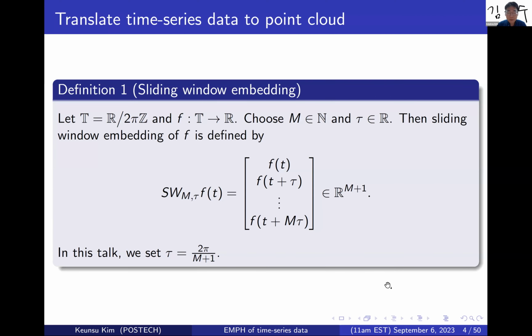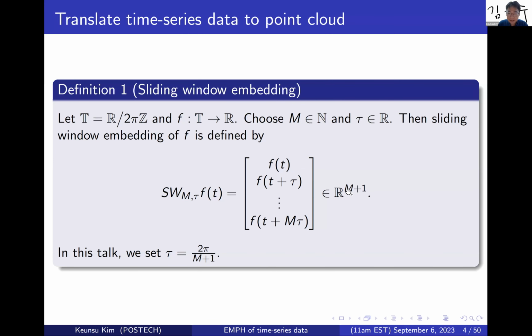Sliding window embedding is a well-known method in TDA for time series data. Sliding window embedding translates time series data into a point cloud. So it enables us to apply Vietoris-Rips filtration to the point cloud, which results in a persistence barcode.